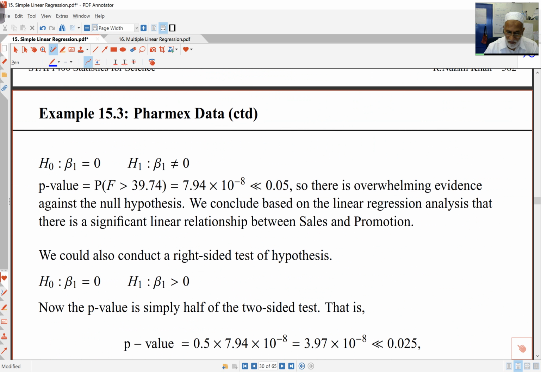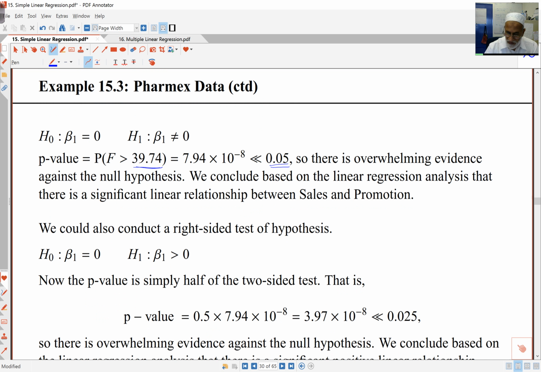If I do a two-tailed hypothesis test, the probability of F being bigger than my observed value of 9.74, from R, comes to quite tiny, 7.94 times 10 to the negative 8. That's much less than 0.05, our standard for the 5% level for two-sided tests. So this is very strong evidence against H naught.